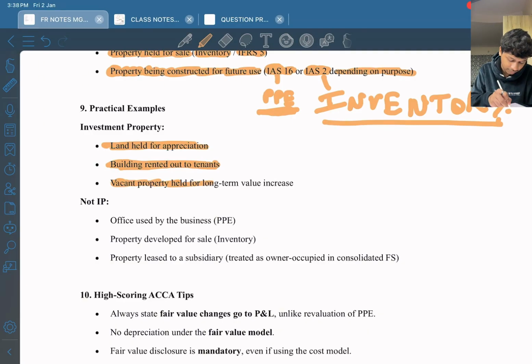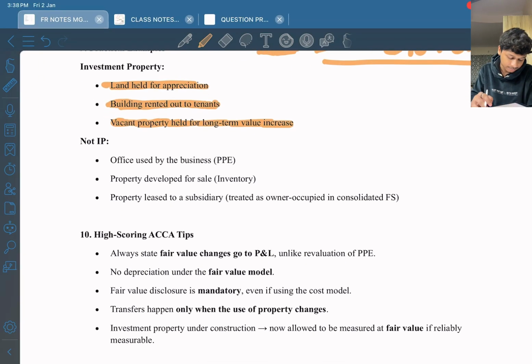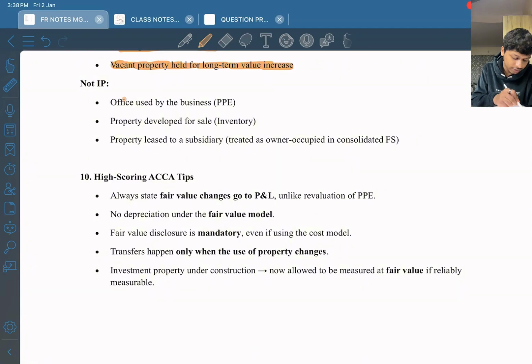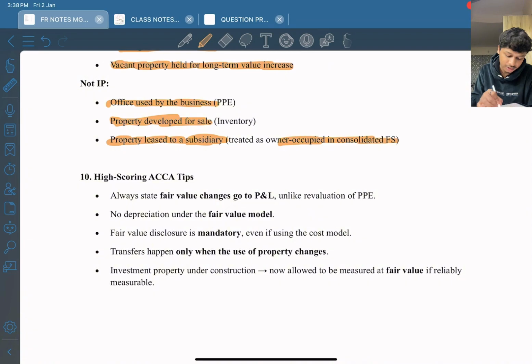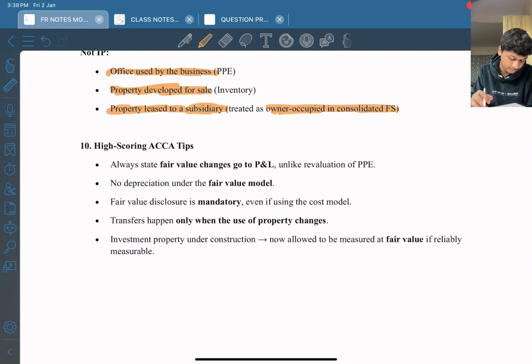Vacant property held for long-term value increase is also known as investment property. Office use for business is not investment property. Property developed for sale is inventory, not investment property. Property leased to a subsidiary is treated as owner occupied in consolidated financial statements.